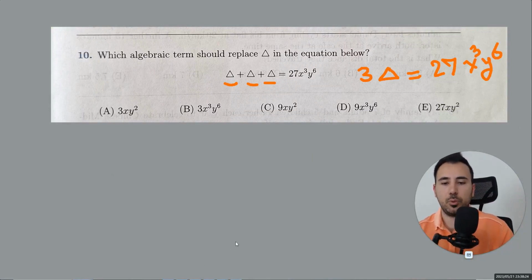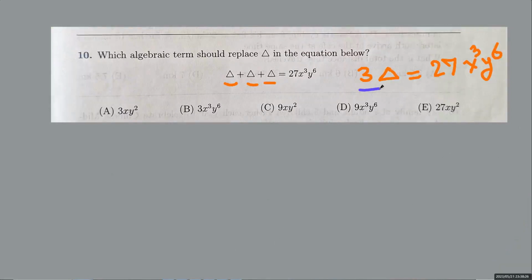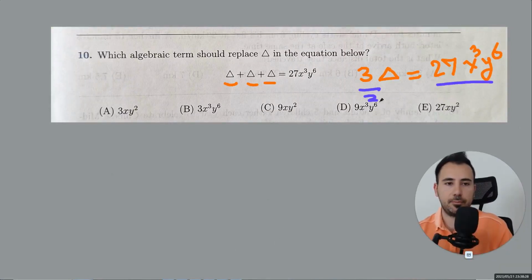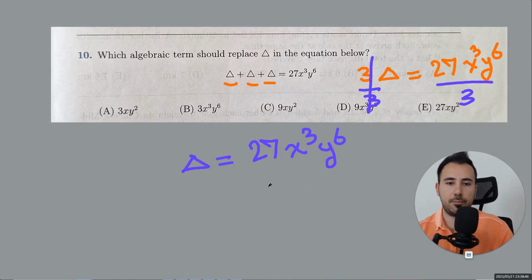Both sides obviously need to be divided by 3. These 3 will cancel. So we're going to have a triangle equals 27 x cubed y to the 6th power, all of this divided by 3. So now we just have to divide these two.